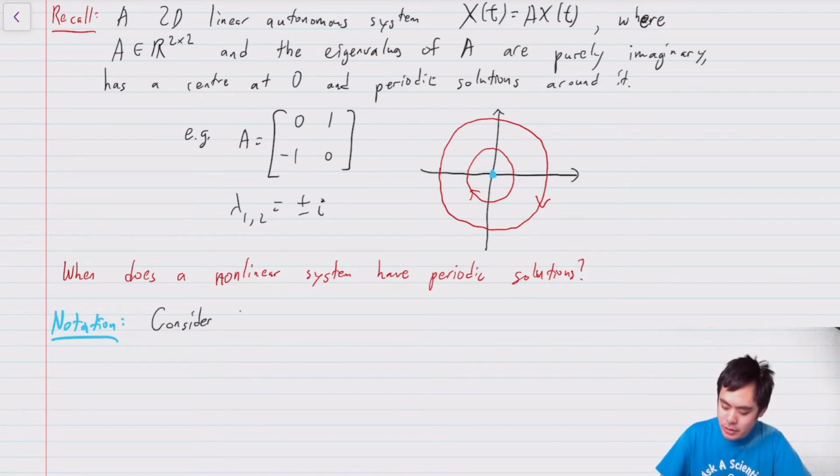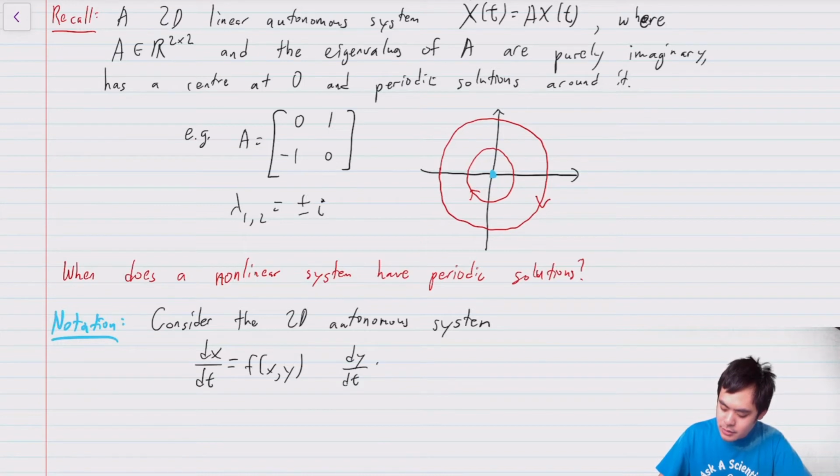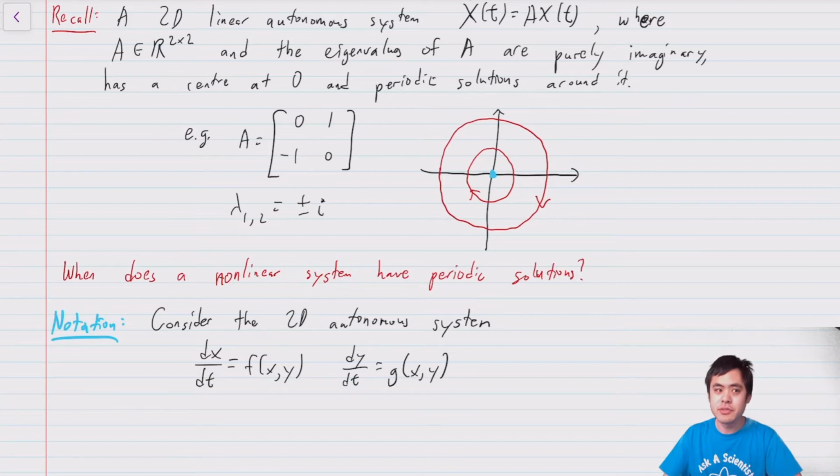So consider a 2D autonomous system. We're going to be working with this 2D autonomous system in the general form for this entire lecture, where dx/dt is equal to some function f of x and y, and dy/dt is equal to some function g of x and y. So we're turning it from matrix form into this, separating out the two variables just to make our life a little easier notationally.